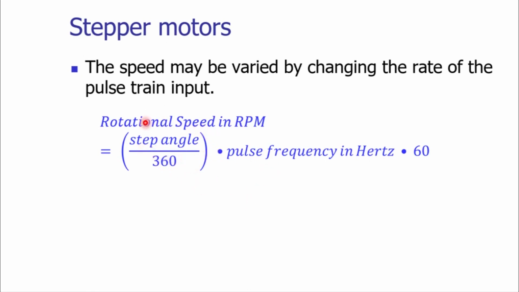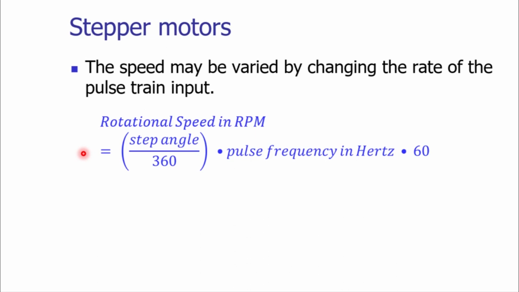What is the meaning of the step angle? As we have seen, the stepper motors are working by taking the input in discrete format. They are taking the input in pulses. For a single pulse of application of energy, how much is the rotation of the rotor?